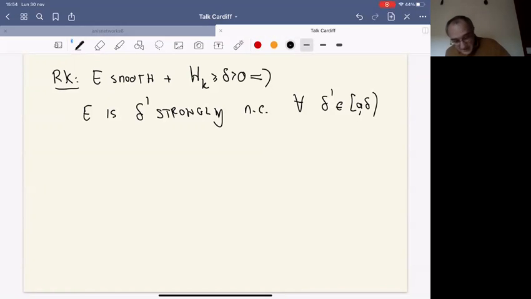Now, in particular, this class coincides with mean convex sets, strictly mean convex, if the boundary is smooth.